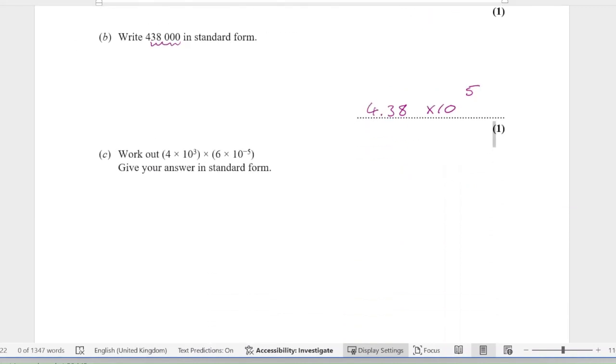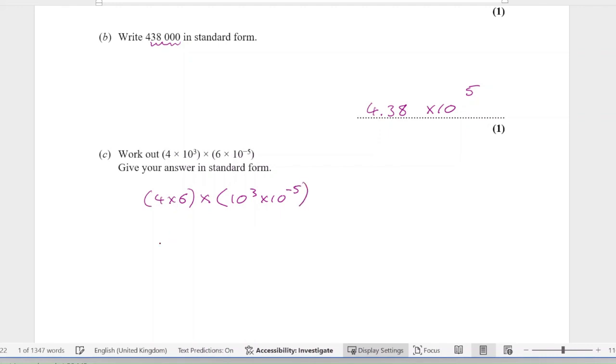And part C, work out the value of 4 times 10 to the 3 times 6 times 10 to the minus 5, giving your answer in standard form. So I break this into 2 parts: the number part, which is going to be 4 times 6, and then the index part, which would be 10 to the power 3 times 10 to the power minus 5.